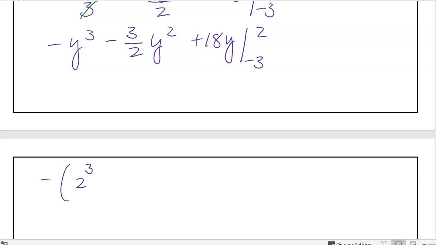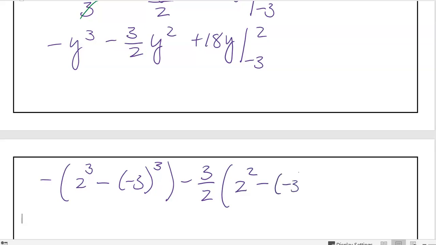I would have 2 cubed minus, for the formula, negative 3 for the lower limit cubed, minus 3/2 for the coefficient, times the quantity 2 squared for the upper limit minus the quantity negative 3 squared for the lower limit, plus 18 as the constant factor times 2 for the upper limit, minus, for the formula, -3 for the lower limit.